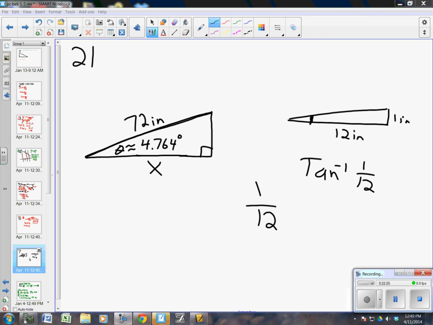You have to have at least 1 side. It doesn't really matter how tall it is because all she wants to know is how long that's going to be. She says she wants to know the horizontal distance it's going to span. So what am I going to do to find x?